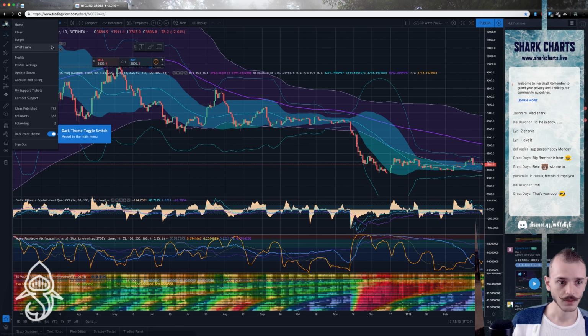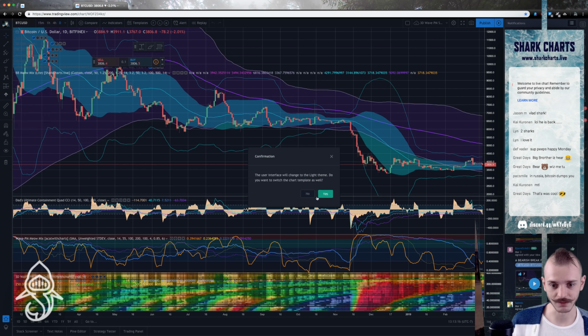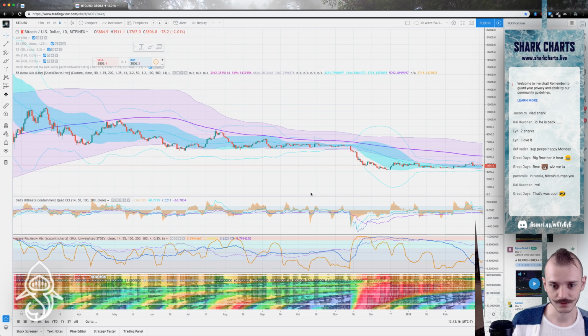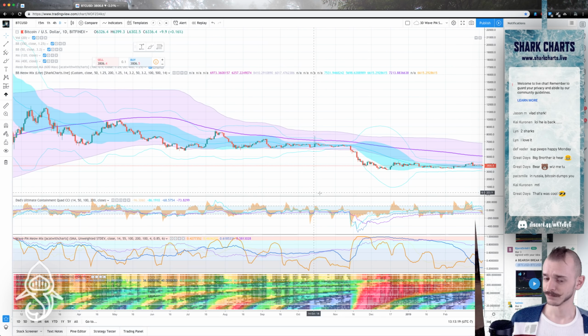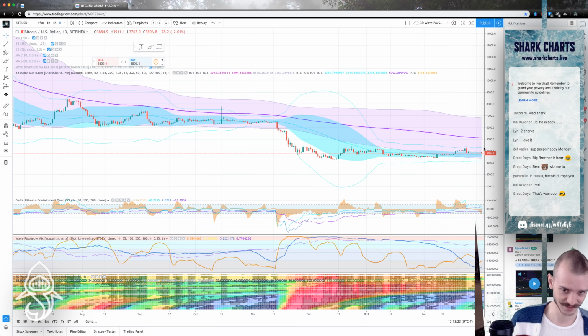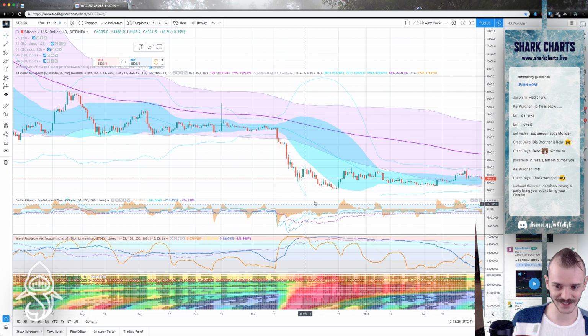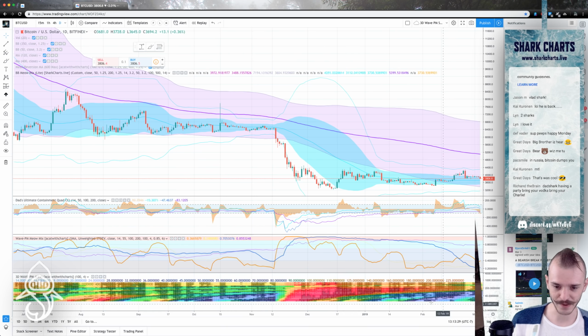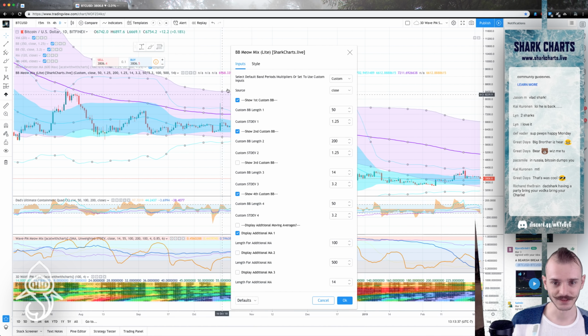Oh, there's a toggle for it. Woo! We're going light today. Oh, it's disgusting. How long can you deal with this? 3D Wave PM looks so much worse using the light theme. God, I can't do this right now. We're gonna bear with it, just for a change of pace.